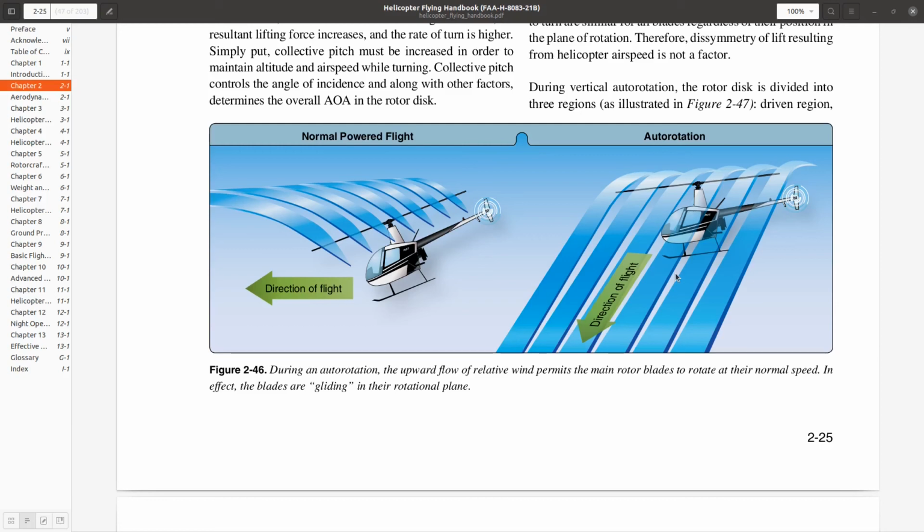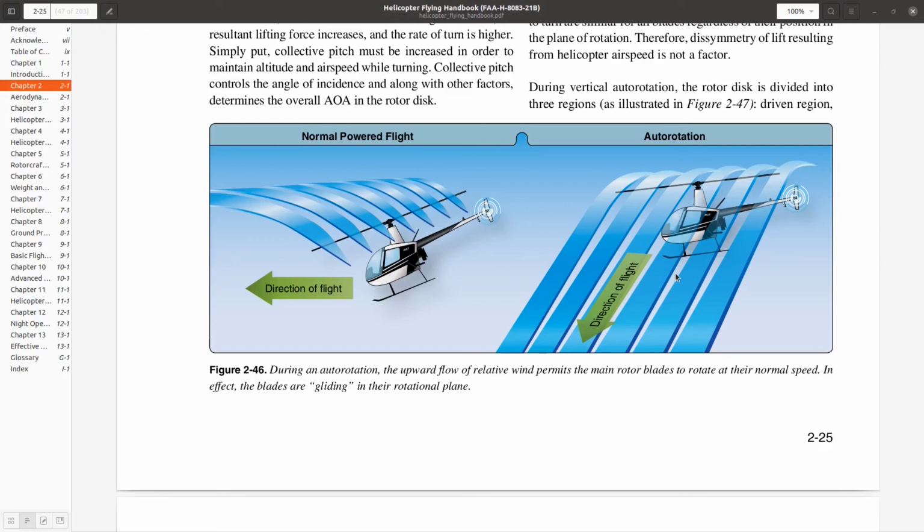And part of the reason for that is you can land with nearly zero vertical speed and horizontal speed in a very small place. Now, the downside is you're not going to have your choice of places. Because if you lose your engine in a typical small helicopter, you're going to be coming down at 1,500 to 2,000 feet per minute.